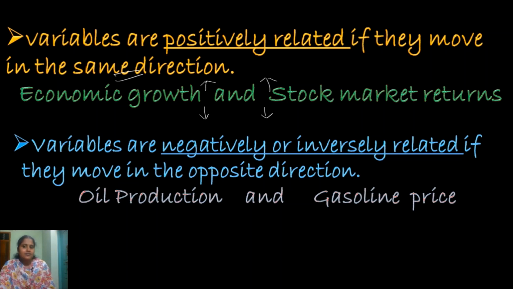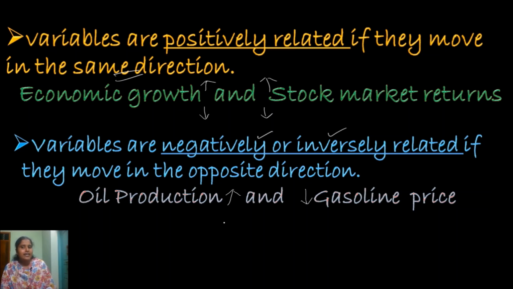Like that, variables are negatively or inversely related if they move in the opposite direction. For example, let me take oil production and gasoline price. If oil production increases, definitely the gasoline price decreases.